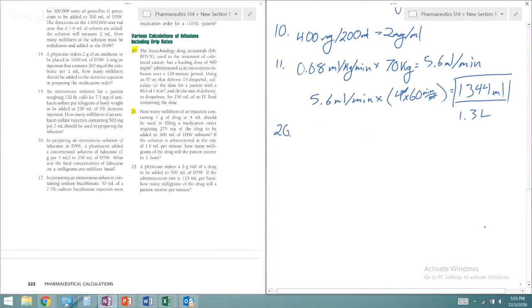All right, 20. The biotechnology drug Erbitux, cetuximab. One of the first things you should know is that anytime it has a mab on the end, it's a bio drug.